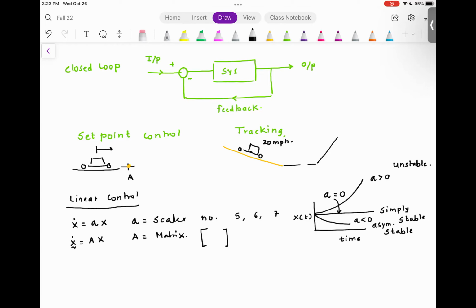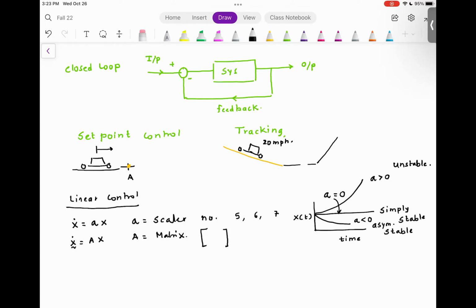Whether you study PID type of control, which is proportional, integral, or derivative, or whether you consider state space control, which we will see as pole placement, both these techniques at the end of the day are going to take this A and convert that into either a stable system or an asymptotically stable system.